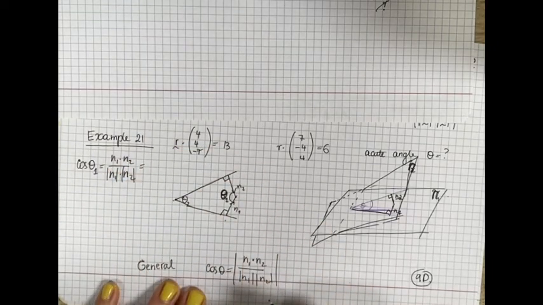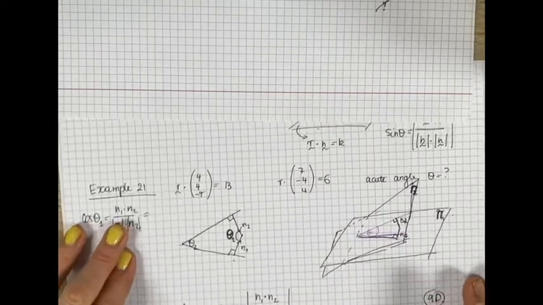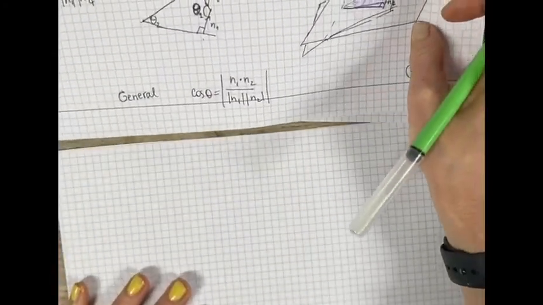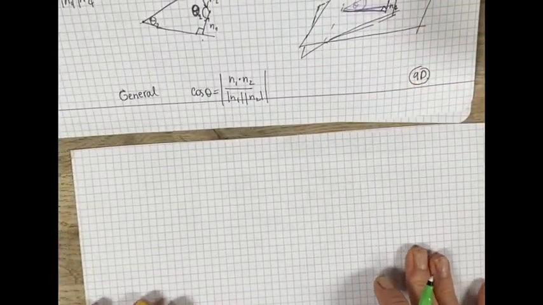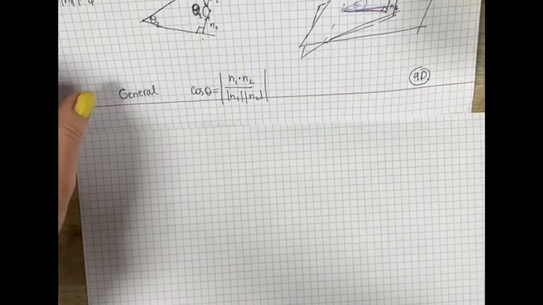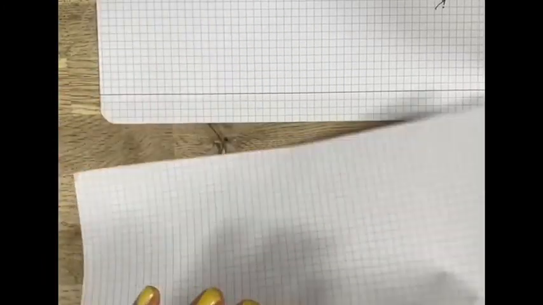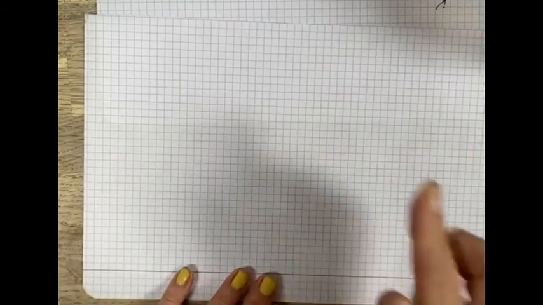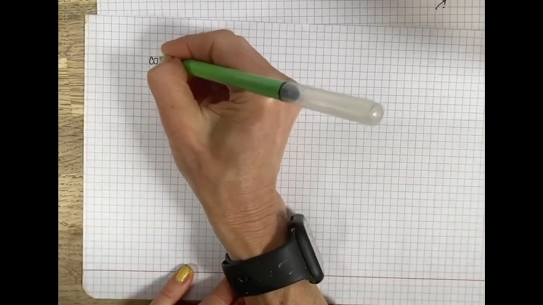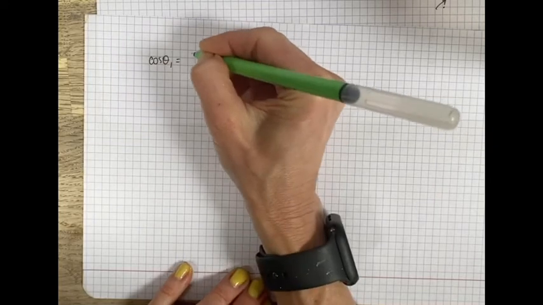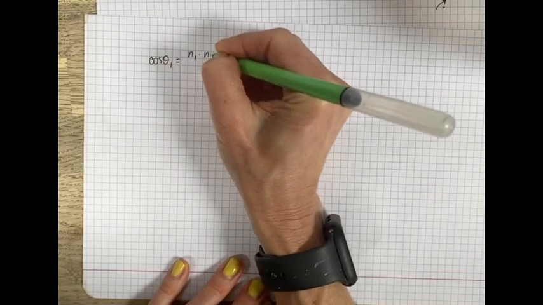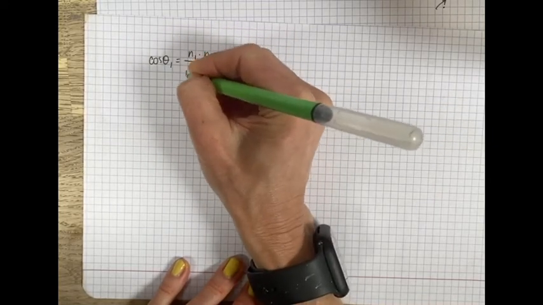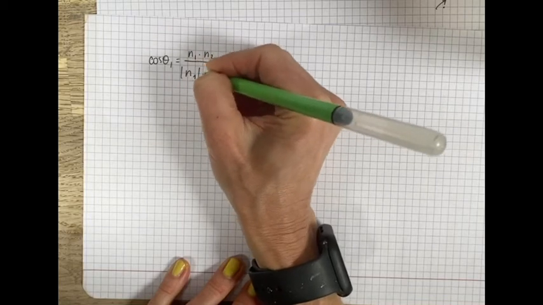Let me just do it on this clean piece of paper. Let's do it again. So we have cos theta 1 is going to be n1 dotted together with n2. So let's find the angle between the two normals first.